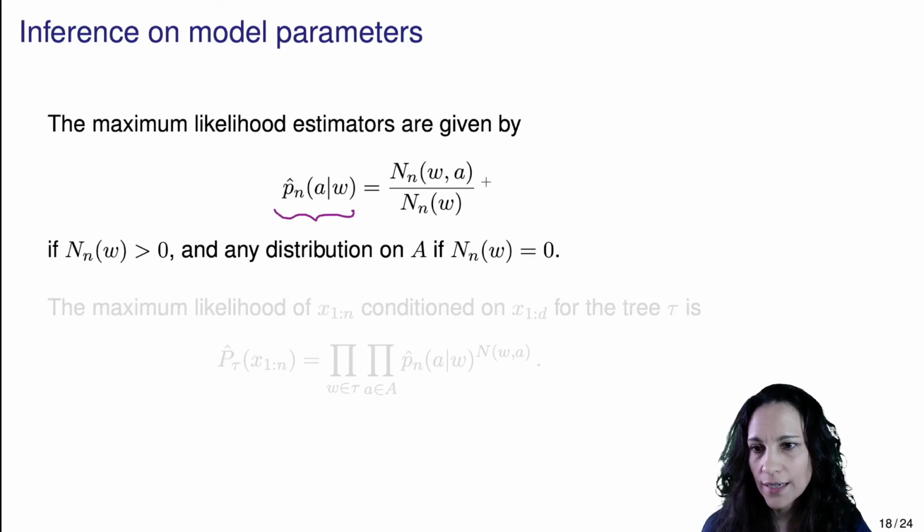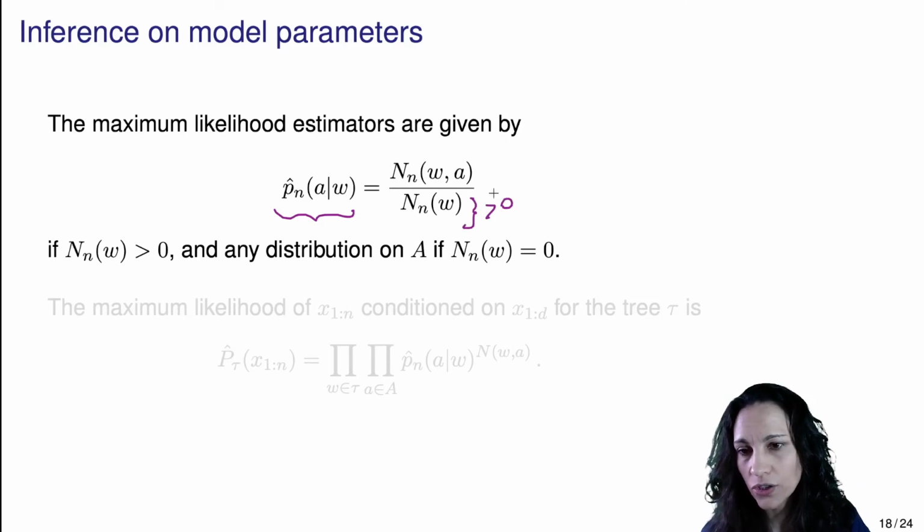So these are the maximum likelihood estimators for the transition probabilities. Okay, so this definition is valid when this counter here is greater than 0. Okay, if not, it's not defined.